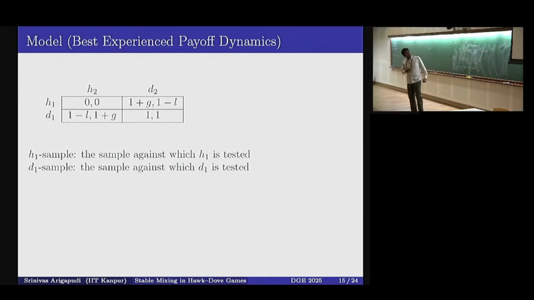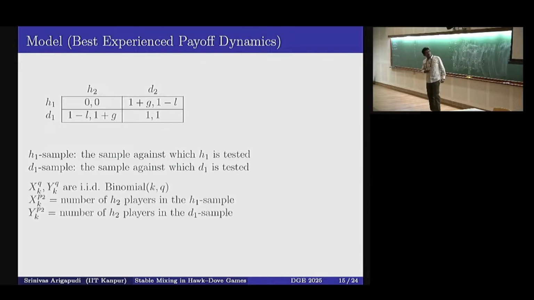When I try out the H1 sample, when I try H1, I'll be getting a certain number of hawks from population 2 and a certain number of doves from population 2. And these samples are going to depend on the population state. In particular, when the population state is (P1, P2), this x_k will be the number of hawk players in my H1 sample.